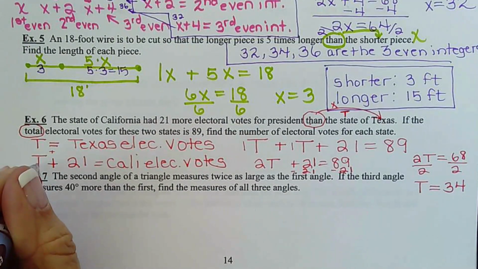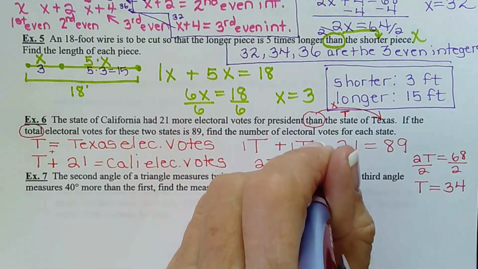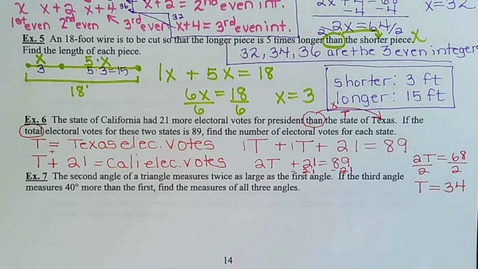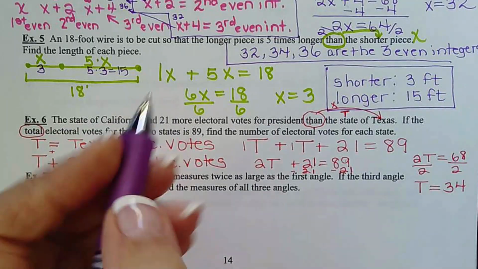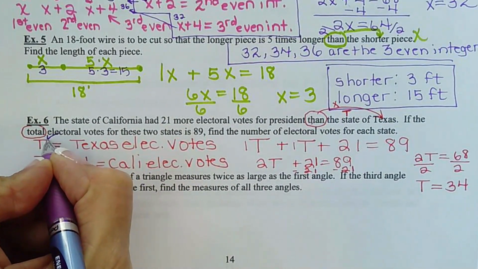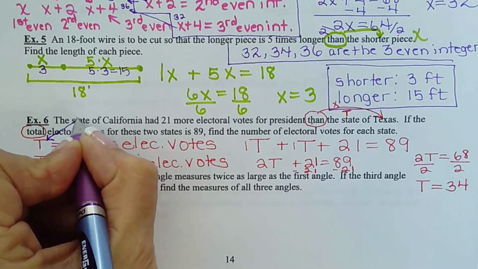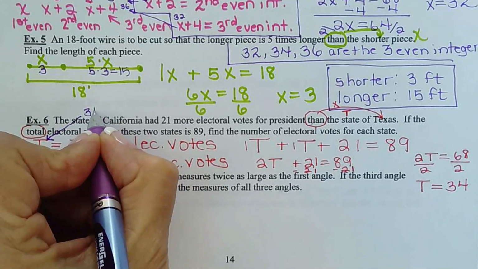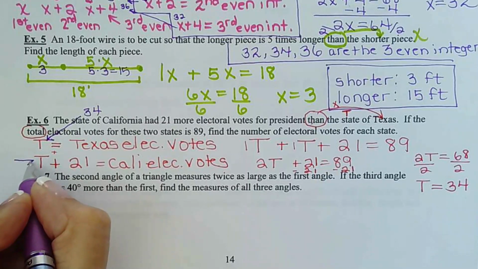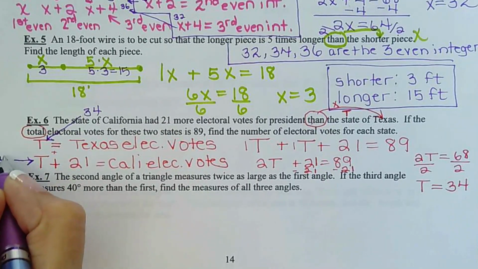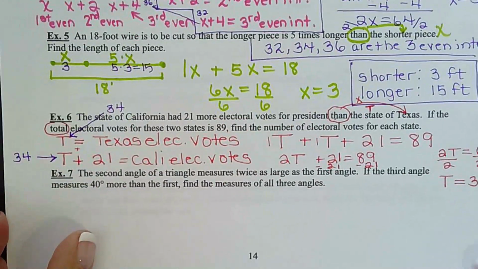This is 34, this is 34, this is 34, this is 34. Every t. So when they ask us to find the electoral votes for each, well, that's why we always write our variable statement first. And all I have to do is plug it in, and I have my two answers.